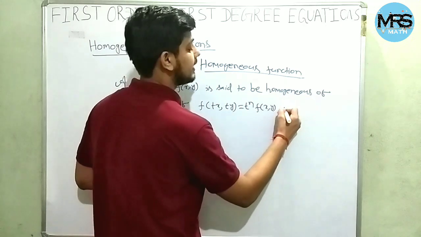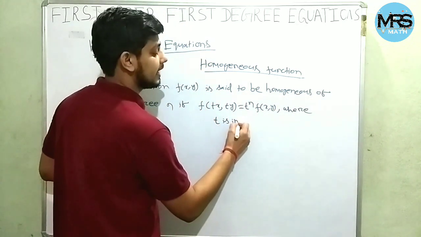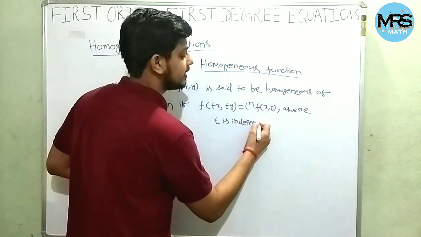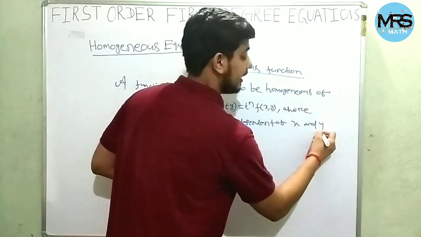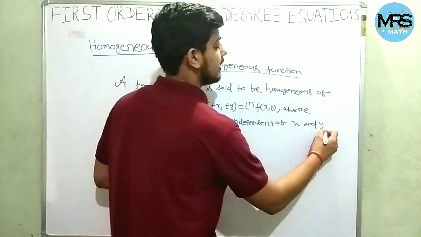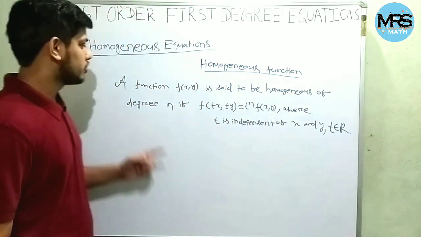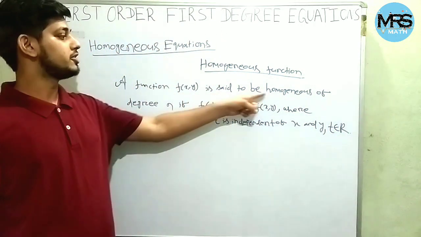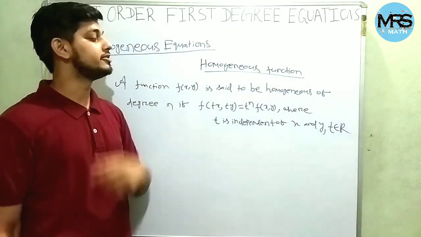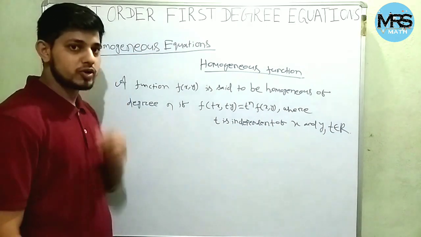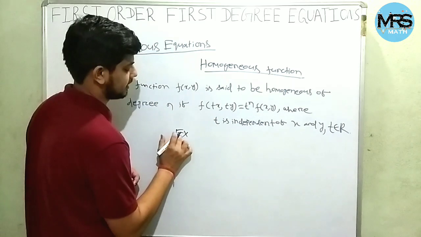Where t is independent of x and y and t belongs to R. Okay students, so a function f of x y is said to be homogeneous of degree n if f of tx comma ty equal to t to the power n into f of xy. So take an example and we will try to understand.